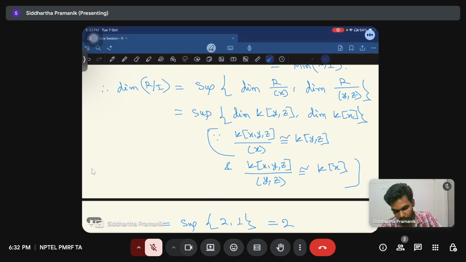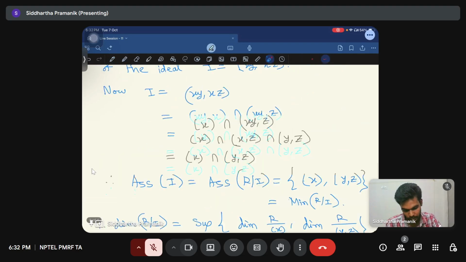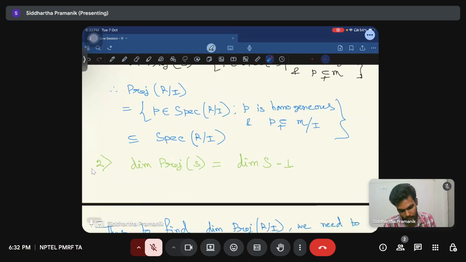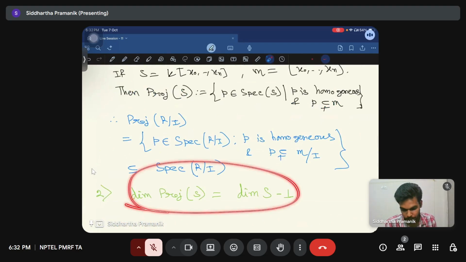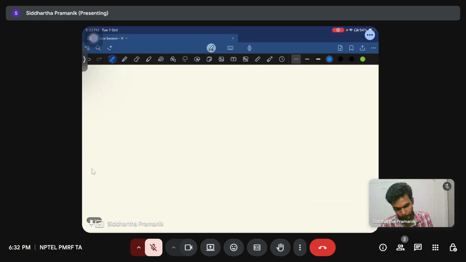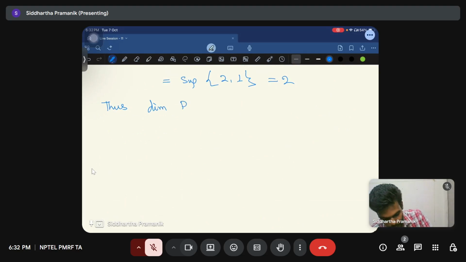So we have got the dimension of R mod I. Now we can use this formula. Thus, the dimension of Proj of R mod I is the dimension of R mod I minus 1, which is basically 1. So this is the final answer.